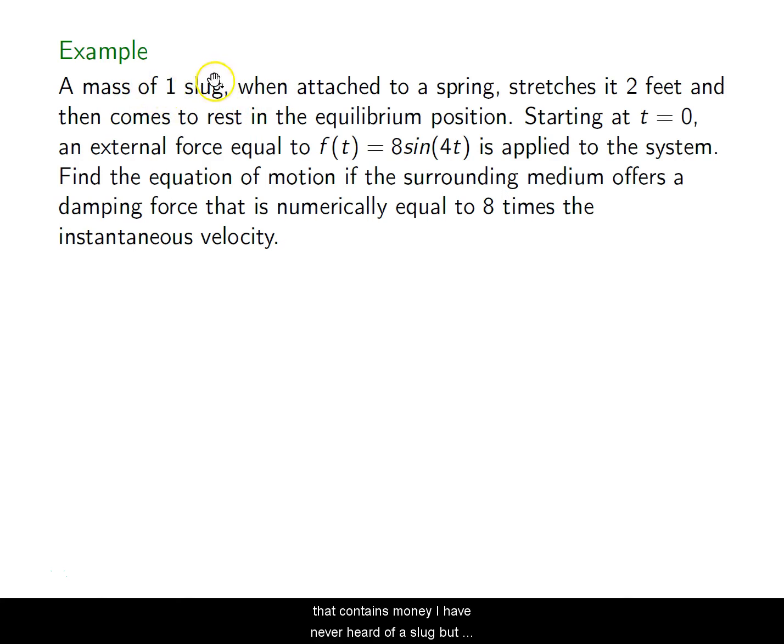Again, I have never heard of a slug, but when you Google it, it is basically 32 foot-pounds of force. So it's a force sort of unit, and it uses the gravitational constant of 32 feet per second squared. So it's basically one of these times 32.